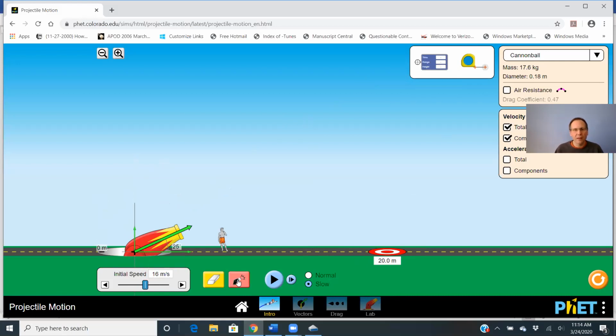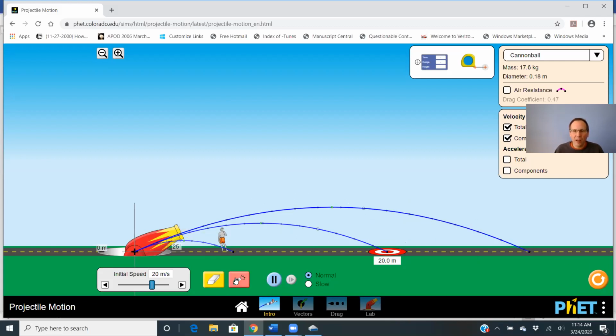If I try 16, oh, hold on. Let me do normal speed here. Ooh, actually, that's pretty good. That's too much. So you kind of have to play with it and figure out which speed is going to hit exactly at the bullseye when it's 20 meters away. And then do the same thing for 45 degrees.